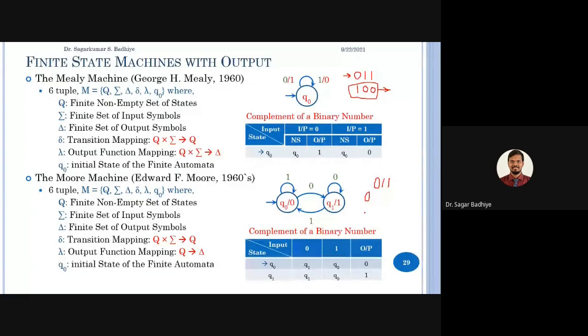So you can have any number of zeros at the start. Okay, so now in q0 the first input read is 0. So in q0, if 0 is input, I'll go to q1. So first you will reach q1, and when you reach q1, output will be generated, that is 1. Okay, and in q1 the next input is again 1.